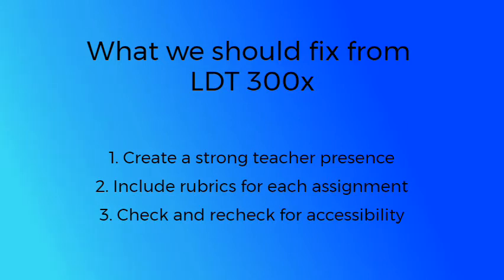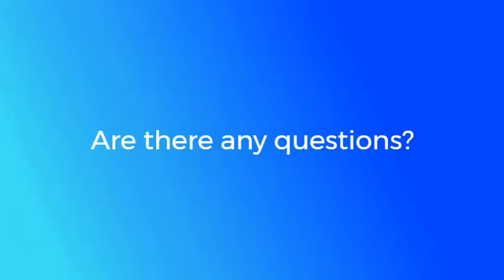Moving forward, there are strengths of LDT 300X that we must emulate. A user-friendly layout, content that is clearly connected to learning objectives and outcomes, and a strong sense of community that begins the very first time students log into the course. LDT 300X also reveals weaknesses that must be corrected.